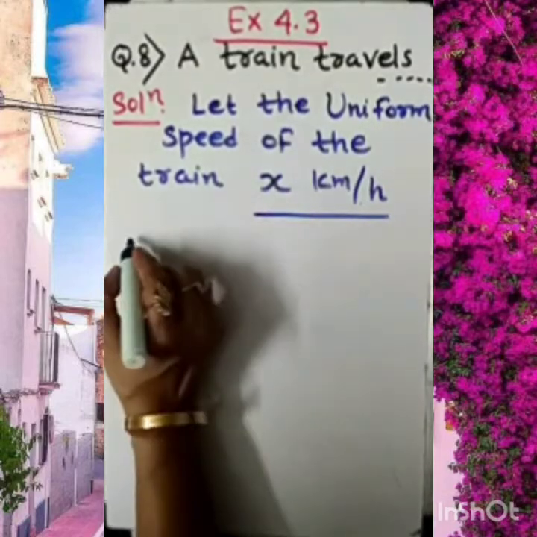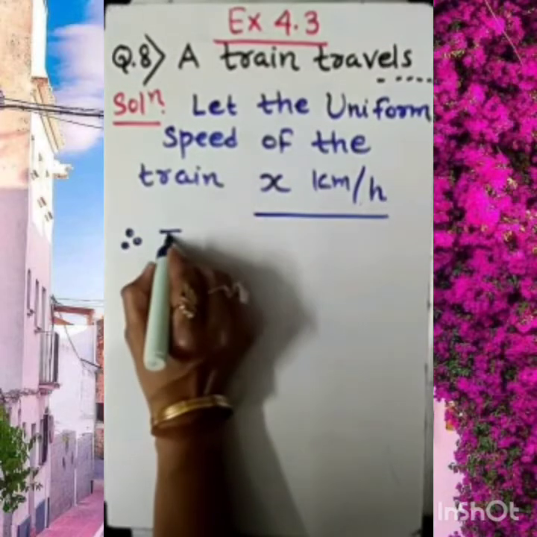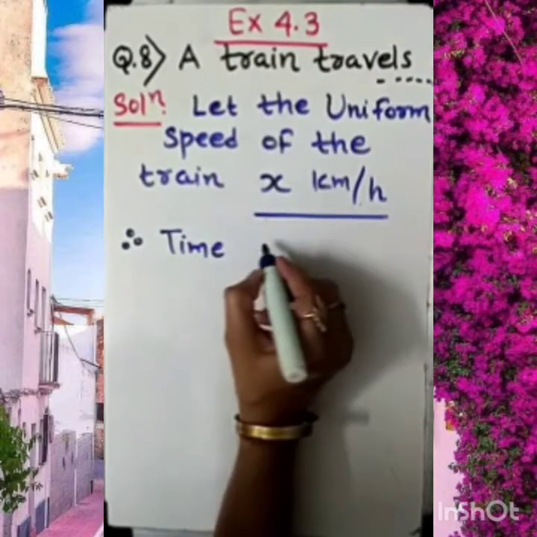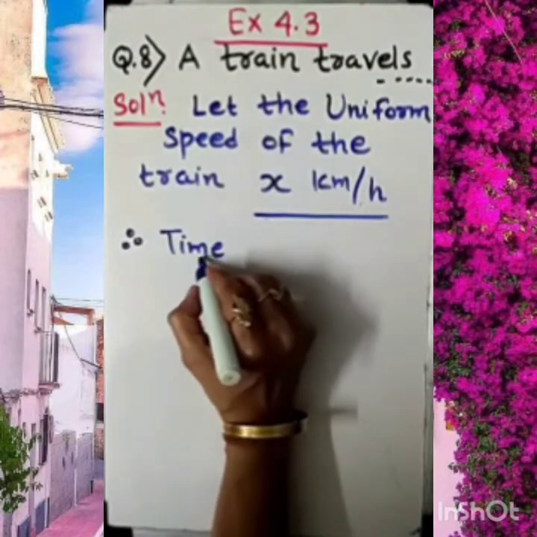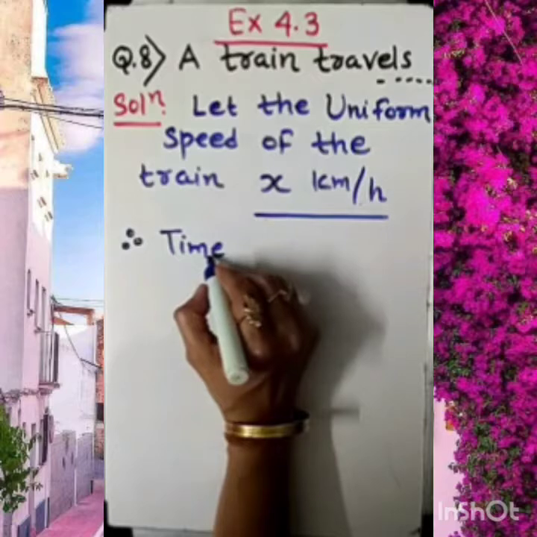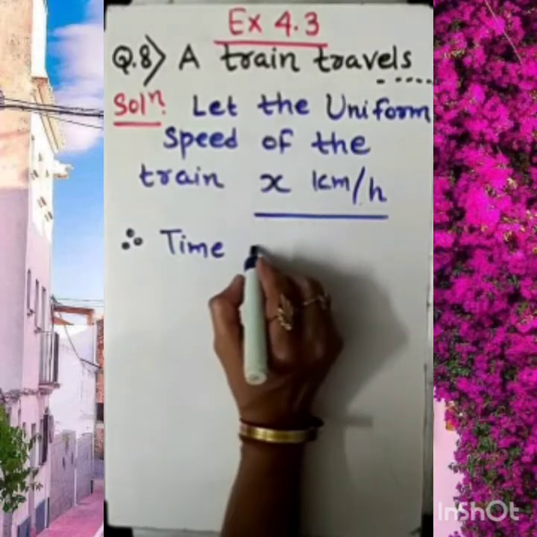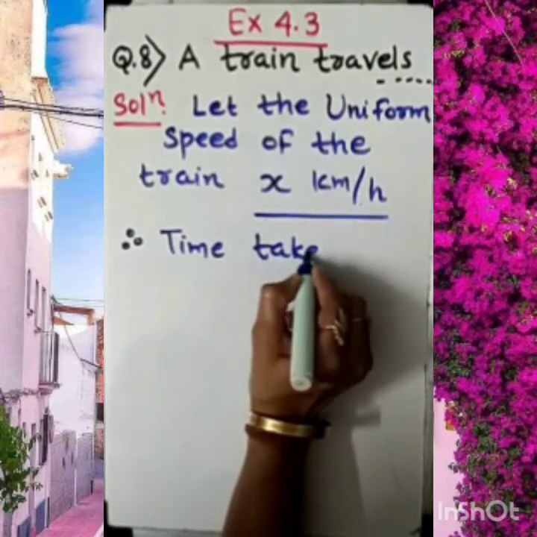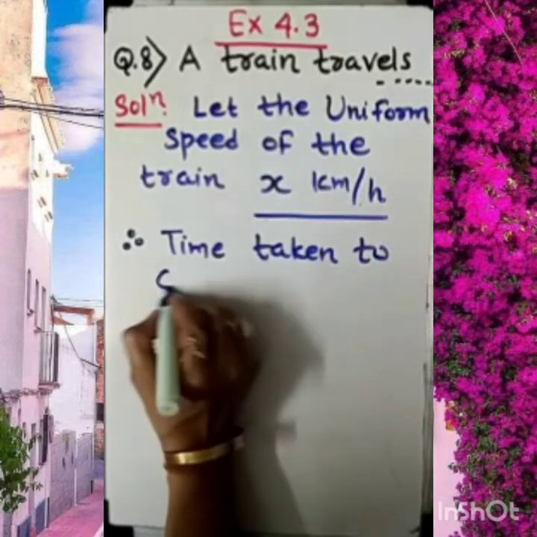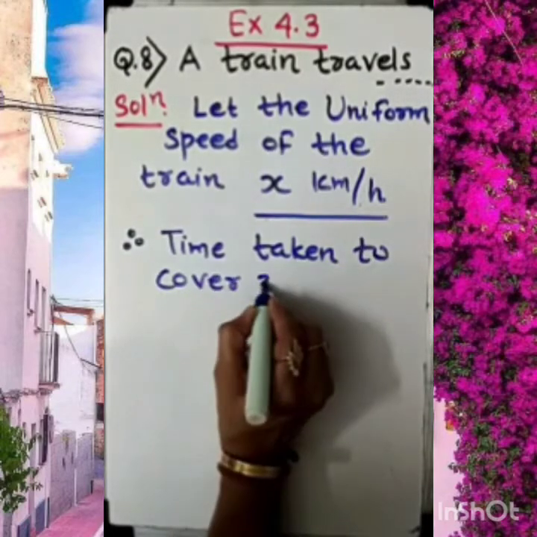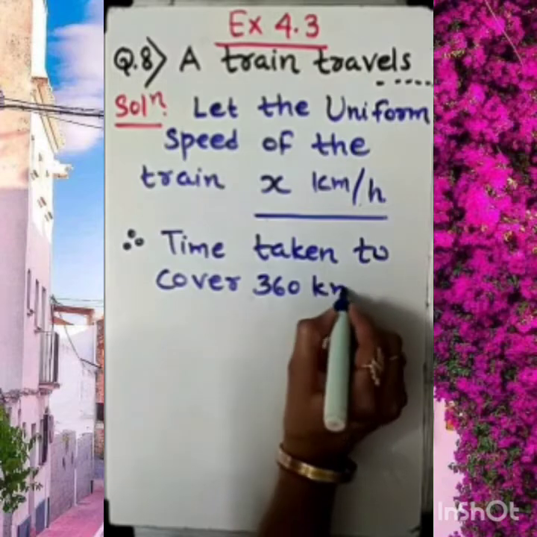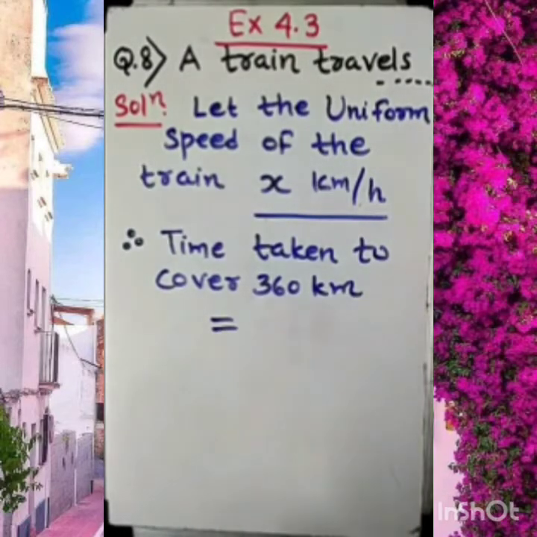Now, we need to mention the time taken to cover 360 kilometers. As we know, time equals distance upon speed. You know this very well.